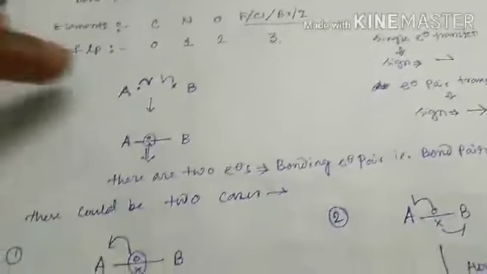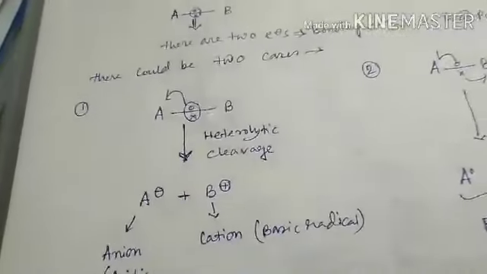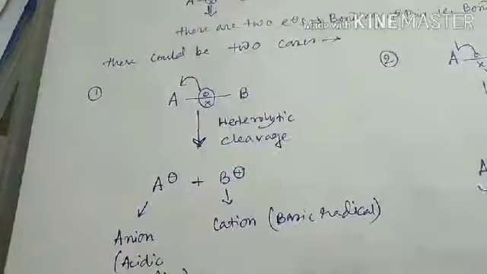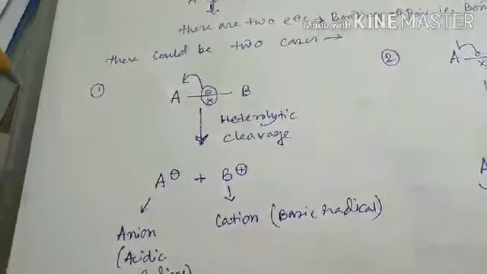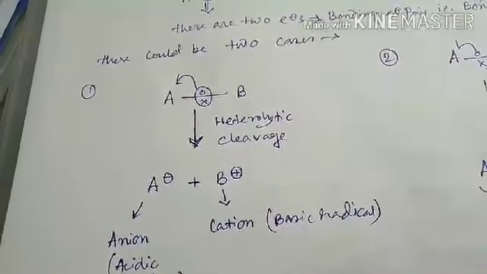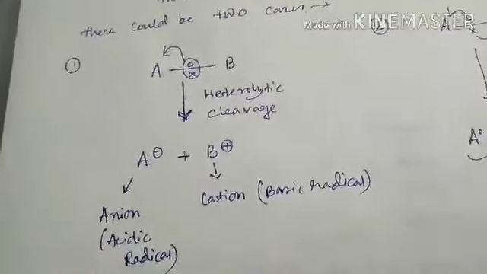But in the case of breaking of a bond, there could be two cases: one is heterolytic cleavage and the other is homolytic cleavage. First is heterolytic cleavage. Let us assume there is a bonding electron pair in the AB bond, and A pulls both the electrons towards itself, leading to the breaking of the bond.